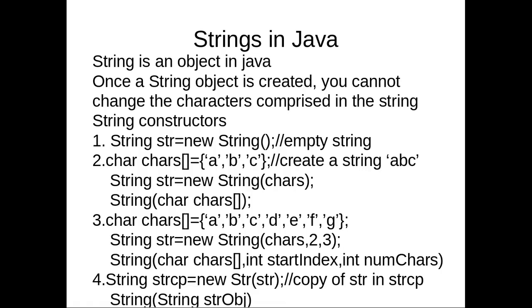Actually it was wrongly typed earlier, so I would have typed String strcp = new String(str). Your constructor is String and you are passing again a string as the parameter, then it will create a new string strcp which has the same contents of str.